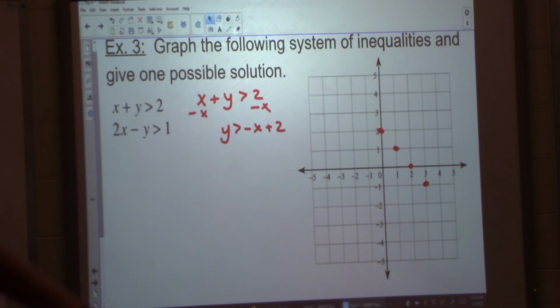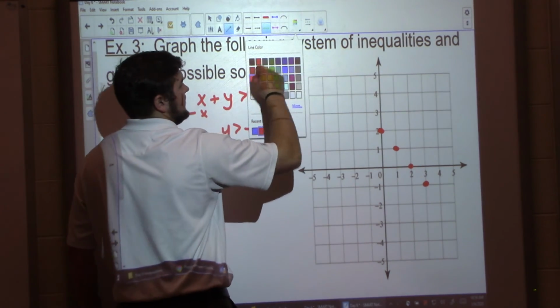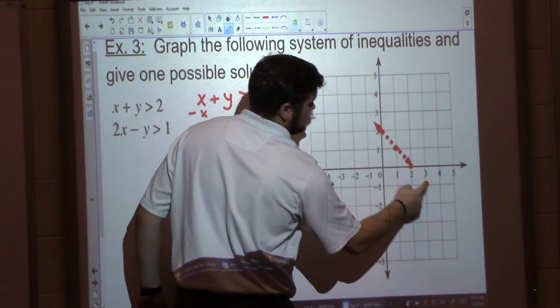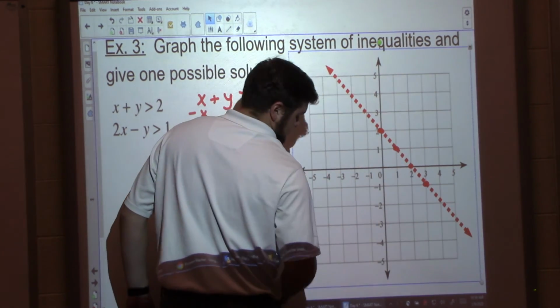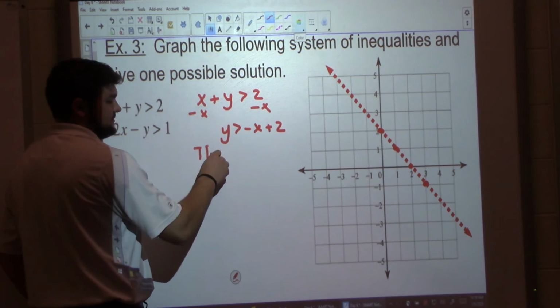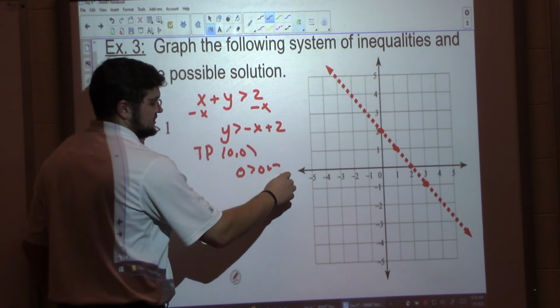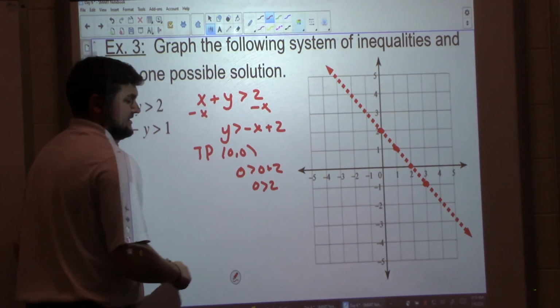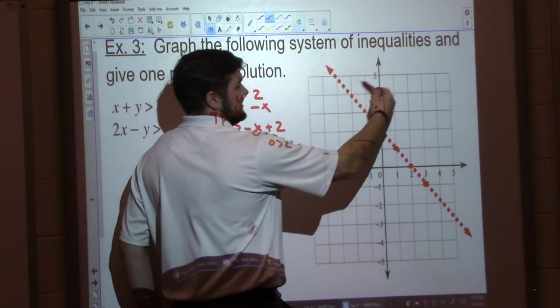Dashed, it's not or equal to. Figure out a test point for your shading. 0, 0: 0 greater than 0 plus 2. Is 0 greater than 2? No. That is a false statement, so shade the opposite side.